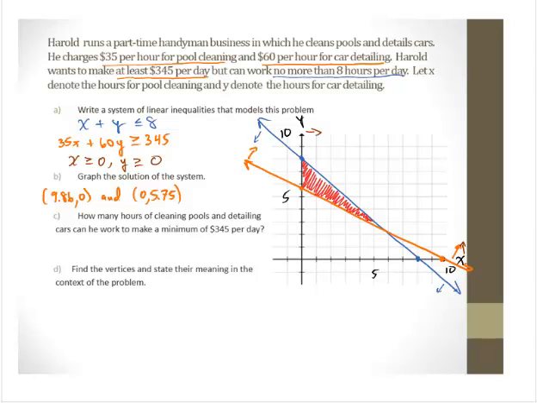So, how many hours of cleaning pools and detailing cars can he work to make a minimum of $345 per day? If he wants to make exactly the minimum, he would be somewhere on that orange line. So let's suppose he works 2 hours on one job.